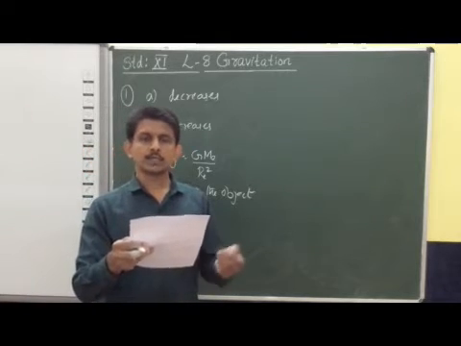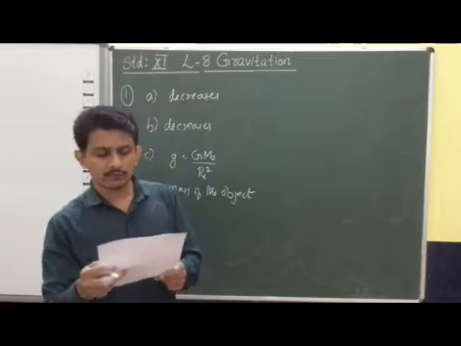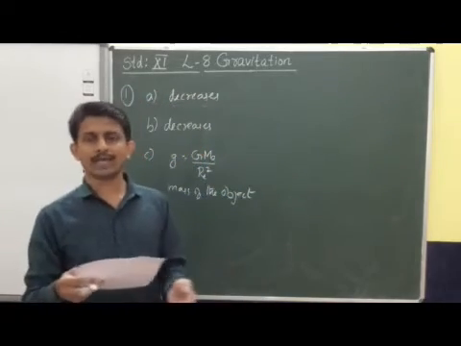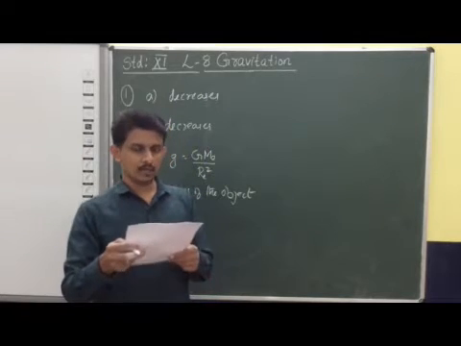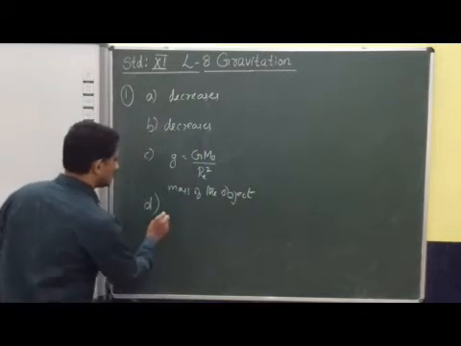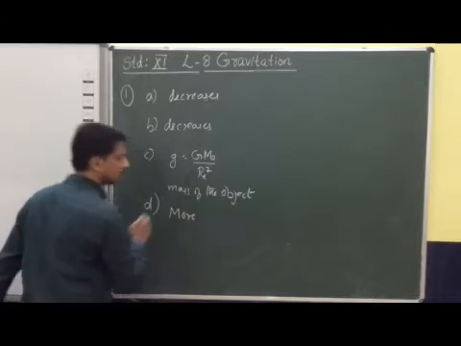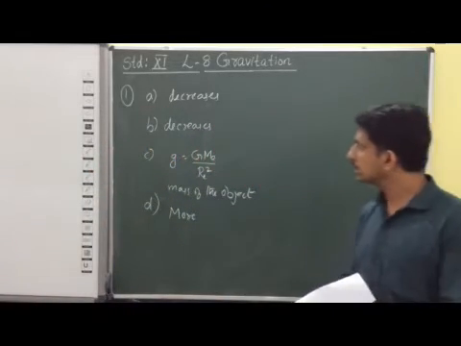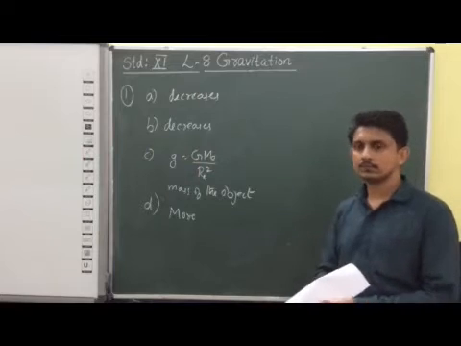We know that the first formula, minus G m1 m2 into 1 by r2 minus 1 by r1, is more accurate than the second formula. So this is the way we can solve question number 1.